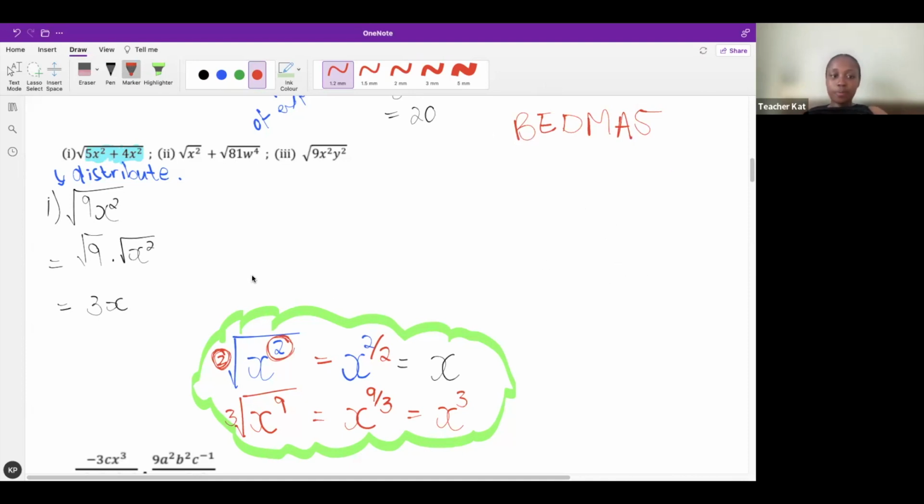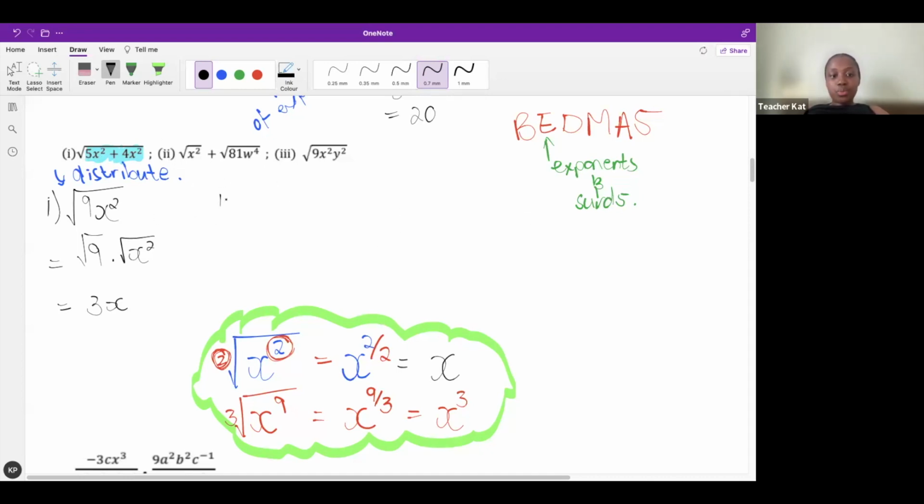They go into exponents. So this is exponents and surds. So you have to solve them before you add, unless your plus is inside the surd. Then you have to do it the other way around.